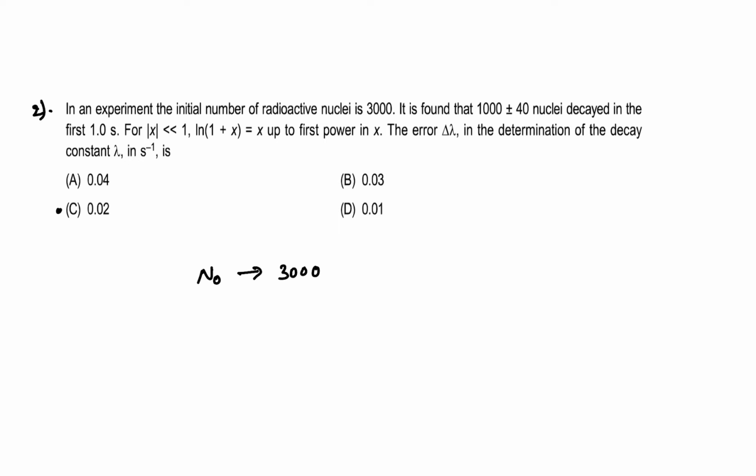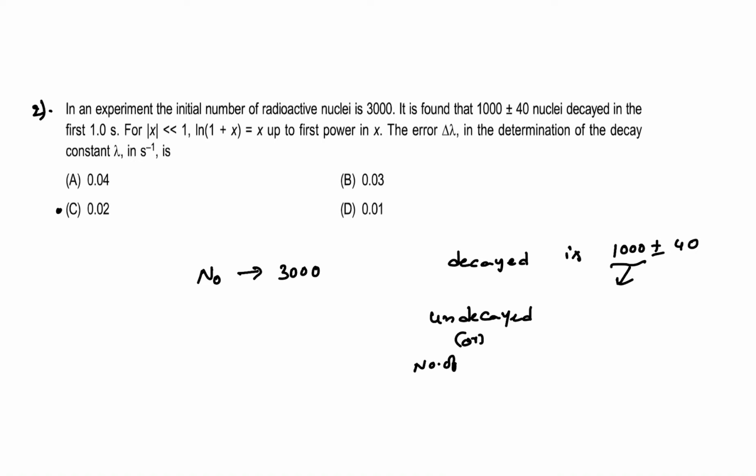Initially 3000 nuclei are there. It is found that 1000 plus or minus 40 nuclei have decayed. So the decayed nuclei are 1000 plus or minus 40.